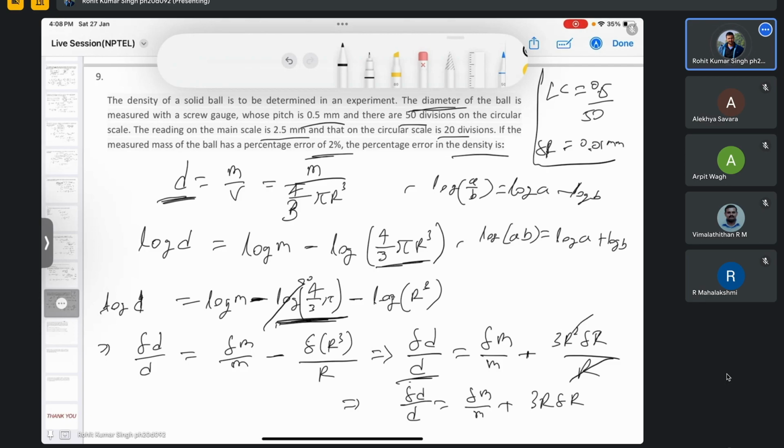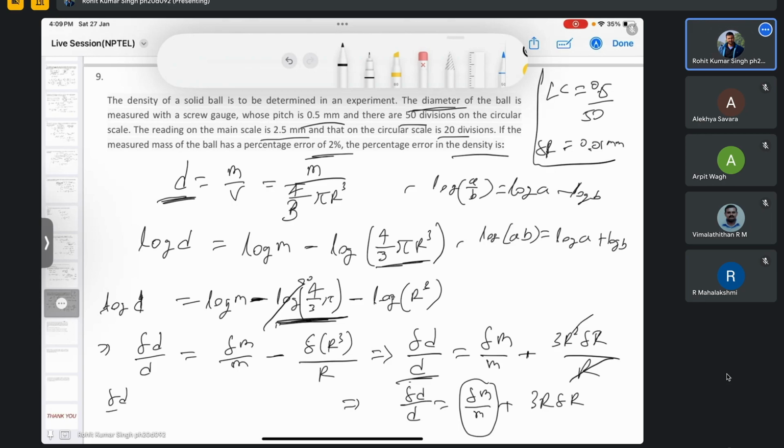Okay, and you can put everything here. Delta m by m is given, which is 2% error in the mass. So first you need to multiply by 100 on all the sides, so that will give you the percentage error.